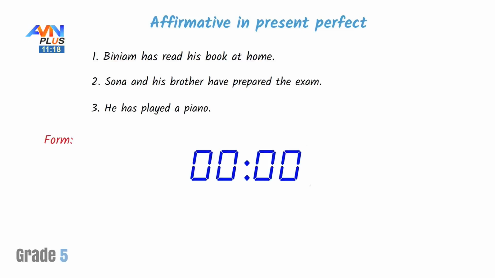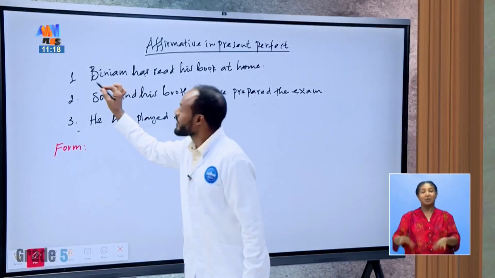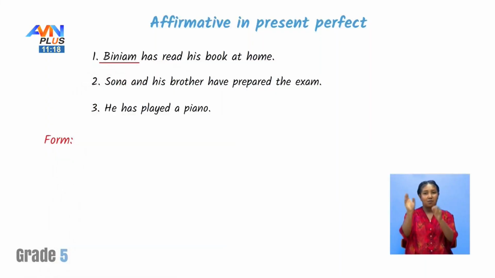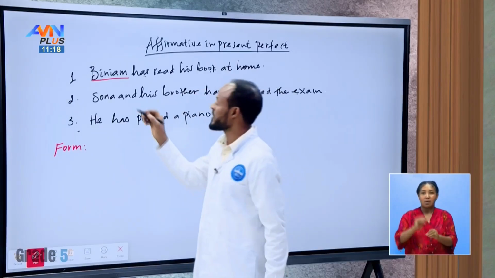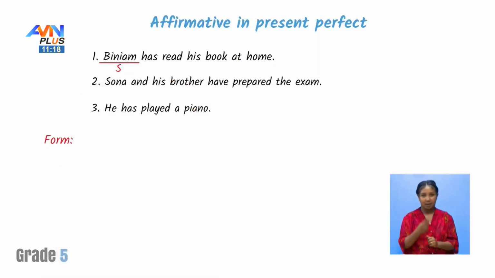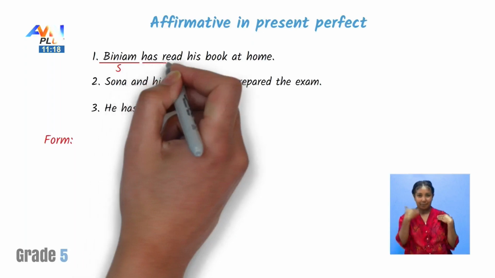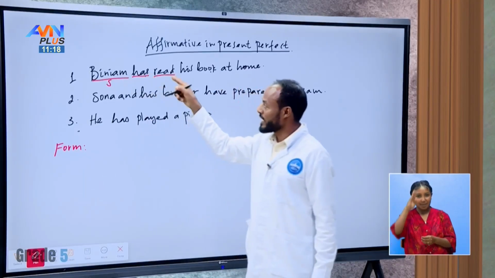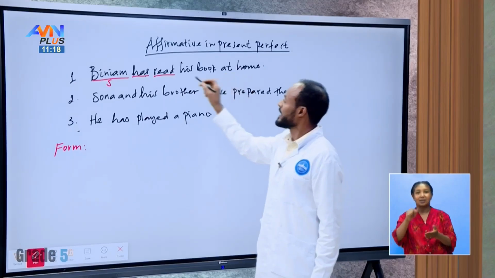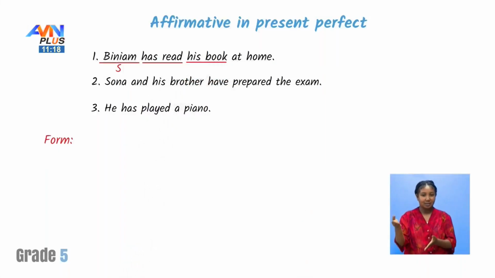Bravo. Okay, come on, students. We can simply derive from this one. Rather than directly telling the form, it's better if we derive from the given sentence. Here is the subject. Here is has plus verb 3. Biniam has read his book. Here is the object.